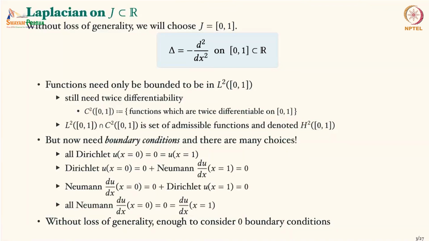Okay, so I will sort of deconstruct your question. The first question was, can it be both Dirichlet and Neumann at a point? Yes, that is one of the many choices which I have not listed. You can take Dirichlet at x equal to 0 and Neumann at x equal to 0. There will be no boundary condition needed at x equal to 1 in that case.